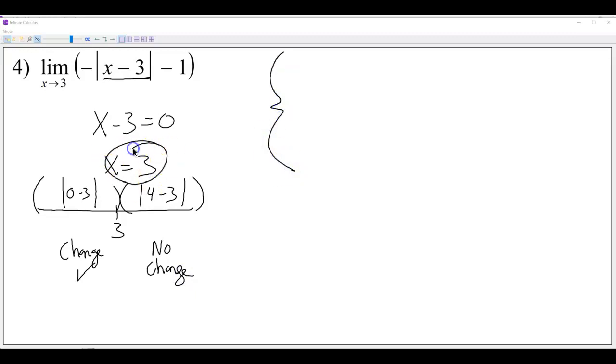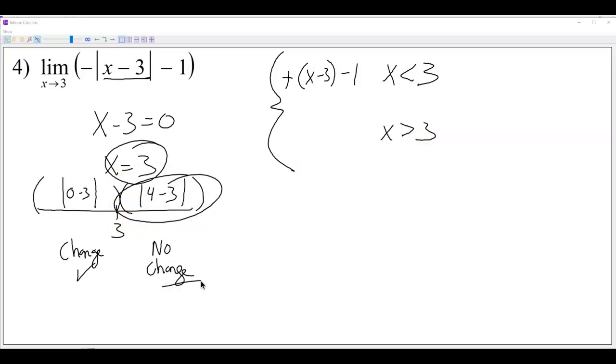So the piecewise function will look like this. For anything less than 3, we change the signs. So instead of being -x minus 3 minus 1, it's now +x minus 3 minus 1. And for anything greater than 3, the other side of my graph, we don't change the sign, so that one's going to stay negative. Now I want to know what is the limit as x approaches 3 of the absolute value of x minus 3 minus 1?